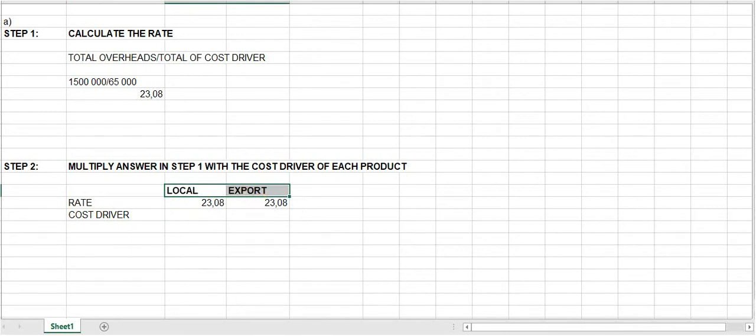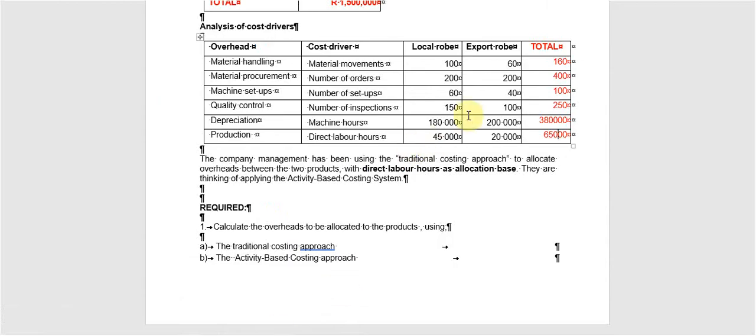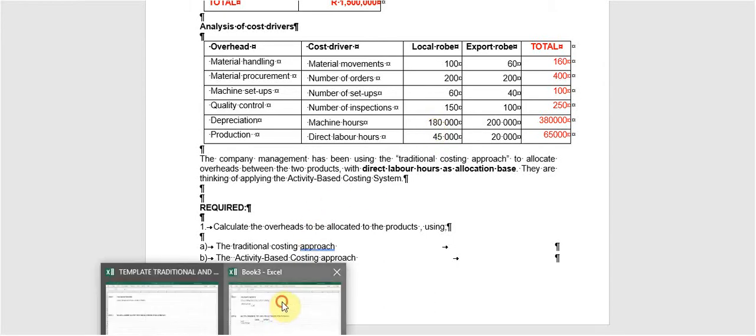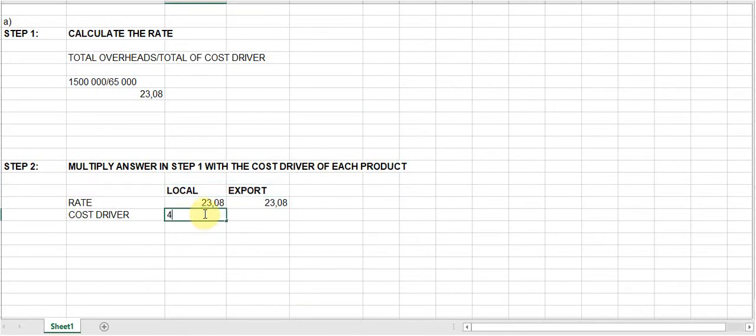Going back to my question, you will see that there are 45,000 direct labor hours and 20,000 direct labor hours for the 2 products. So I'm going to put that in, 45,000 and 20,000 respectively.